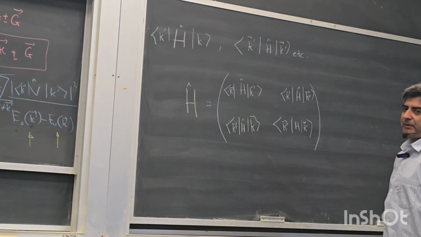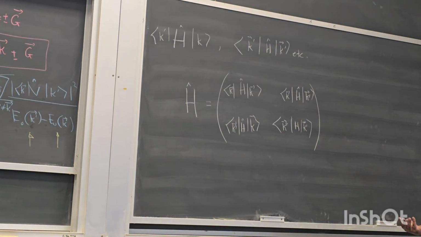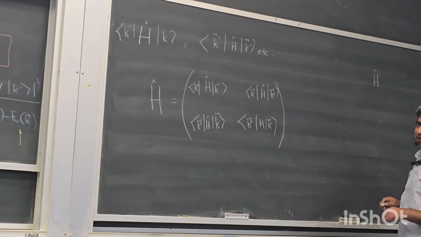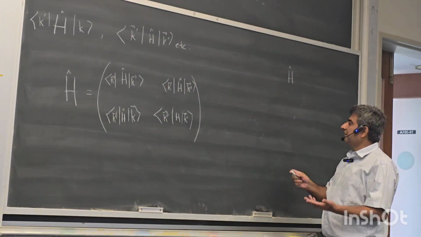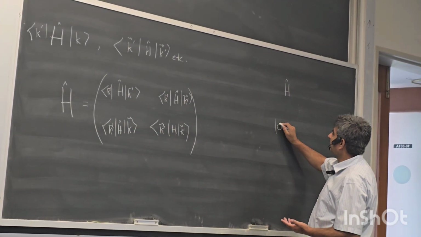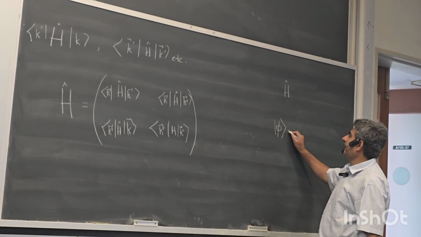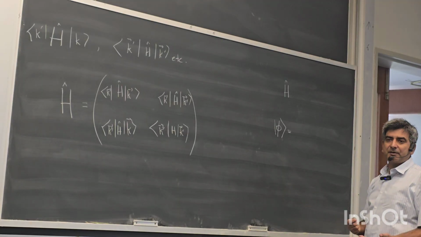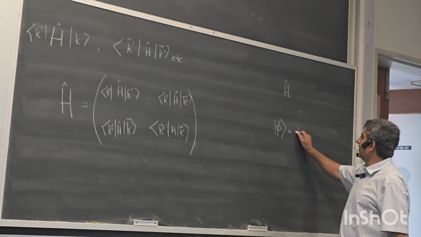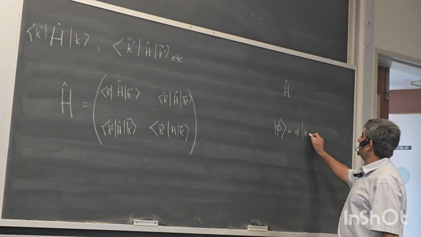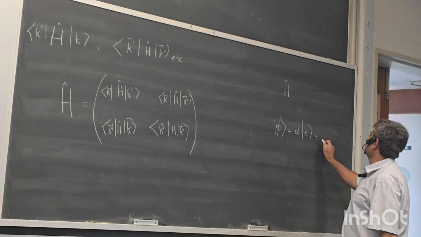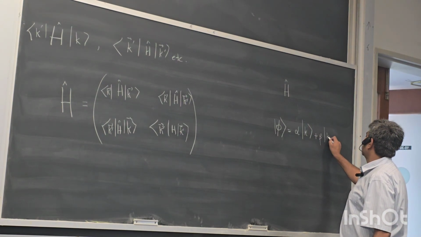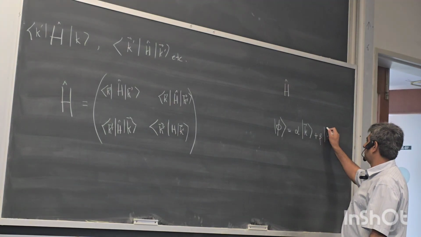This Hamiltonian will act on an eigenfunction. Suppose the eigenfunction is ket phi, it has to be some superposition of the unperturbed eigenstates, some alpha k plus beta k prime or k plus g, right?